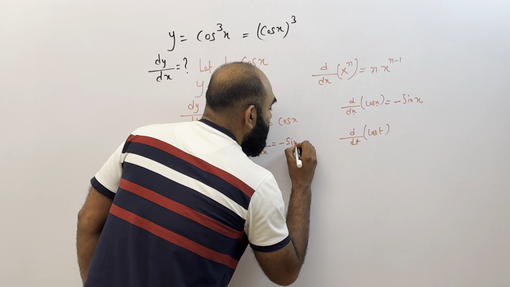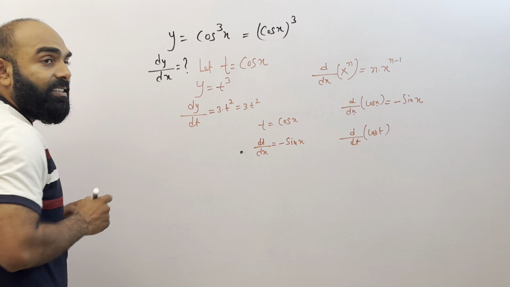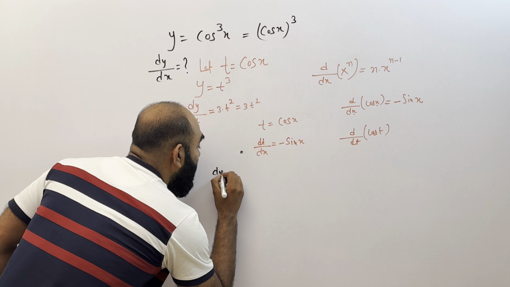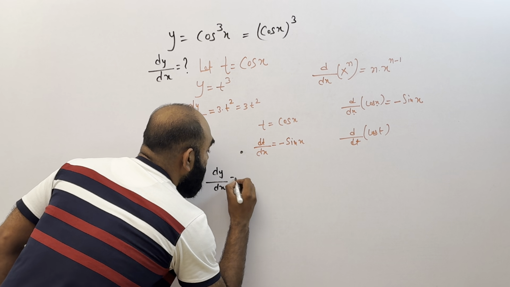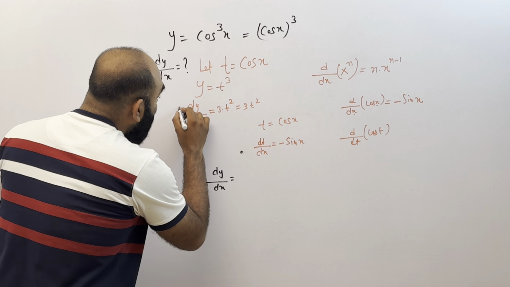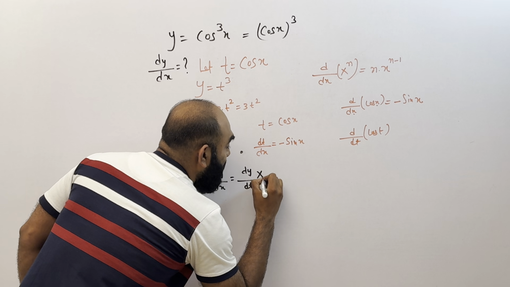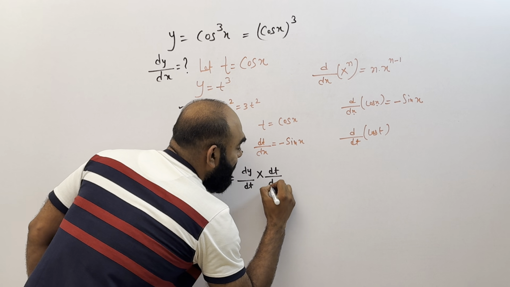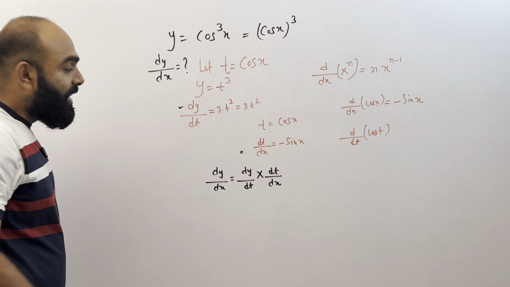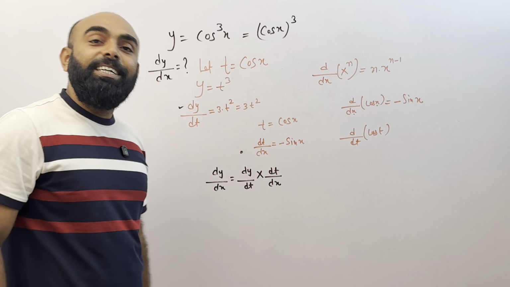So minus sin x. Now I am interested in finding dy by dx. So dy by dx, see how I am writing. dy by dx is equal to, I have to start with y and end with x. So start with y means I can write dy by dt into dt by dx. Sir, this dt I will get dy by dx only.